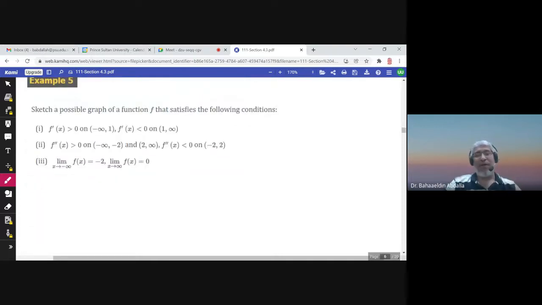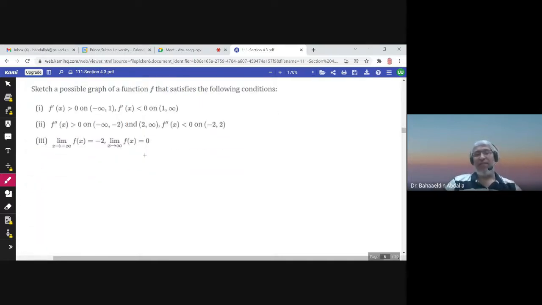Sketch a possible graph of a function f that satisfies the following conditions. Let me try to sketch the graph of this function, and we can look at the conditions and start with any one of them. Let me start with the first part, because it is the first part. f prime is positive from negative infinity to 1.